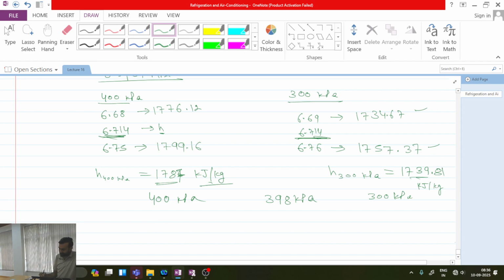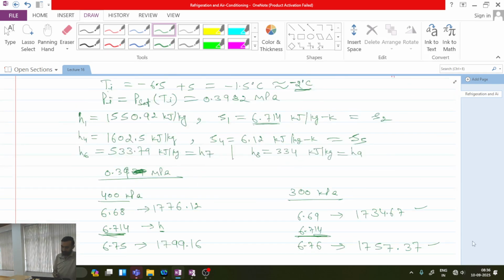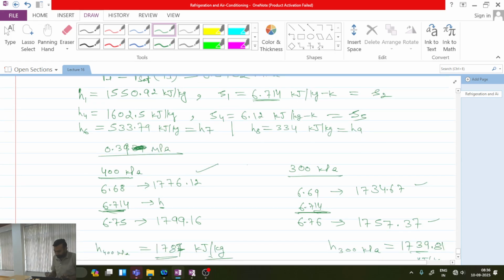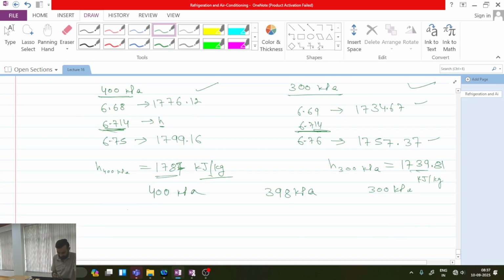So after doing so much process, in this case you could have directly taken the value corresponding to 400 kPa, but whenever you have some value, say 350, it is very simple to do the average, but at least for 350 you need to perform these two steps. Then the final interpolation step will be simply arithmetic. So this is the enthalpy of which point? Point 2. So enthalpy of point 2 is 1785 kilojoule per kg.